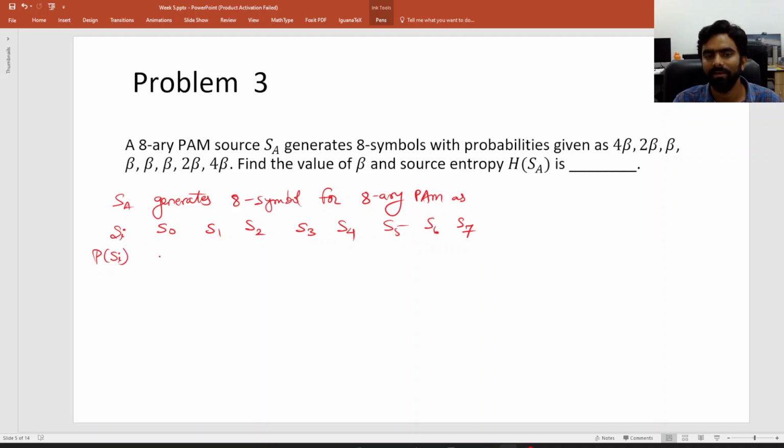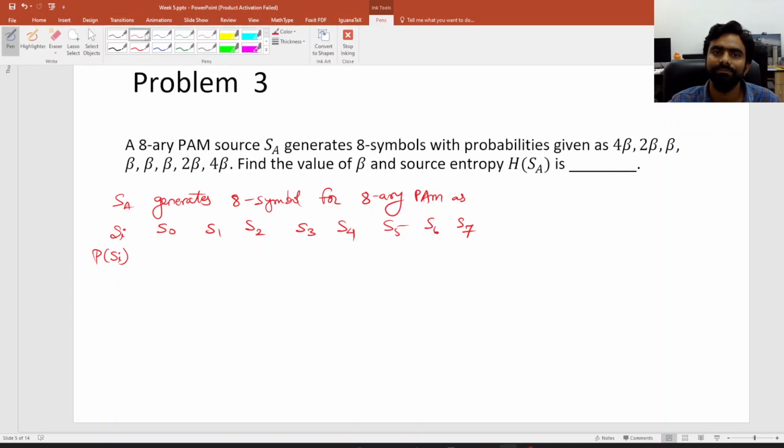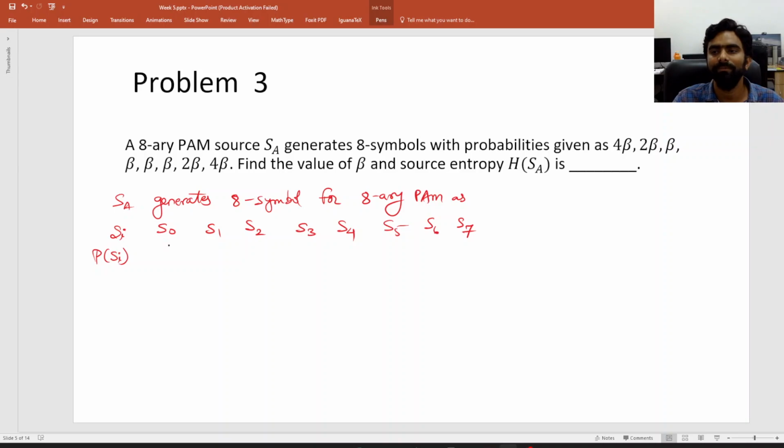The probability is given as 4 beta corresponding to S naught, and I am assuming 2 beta, beta, beta, beta, beta, 2 beta, 2 beta, and 4 beta.